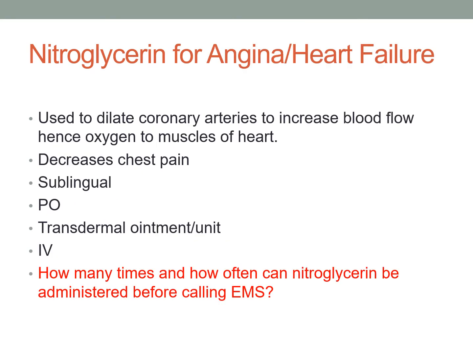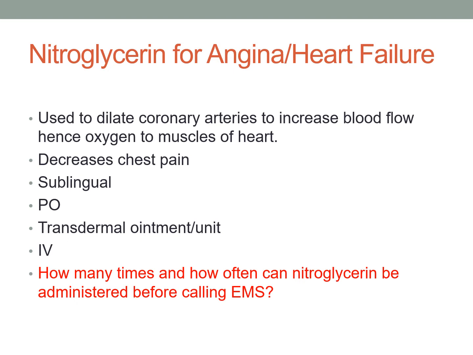I know you have been taught about nitroglycerin in your pharmacology class, but you really need to review it. Nitroglycerin is a vasodilator. It's used to open up or dilate the coronary arteries to increase blood flow. Hence, if we increase blood flow, what are we increasing? We're getting more oxygen to the heart muscle.